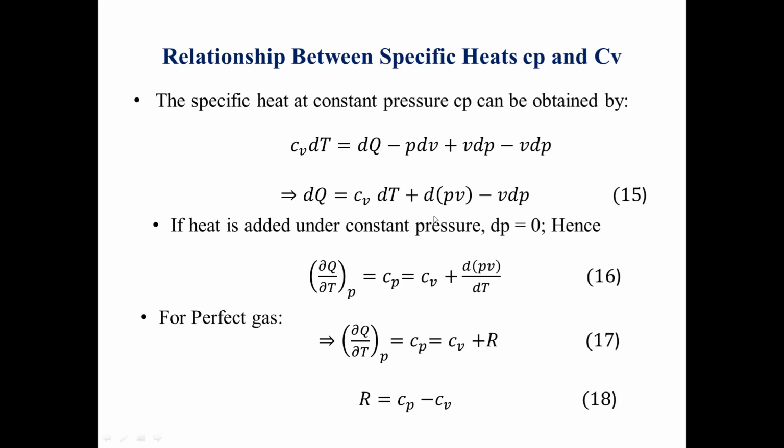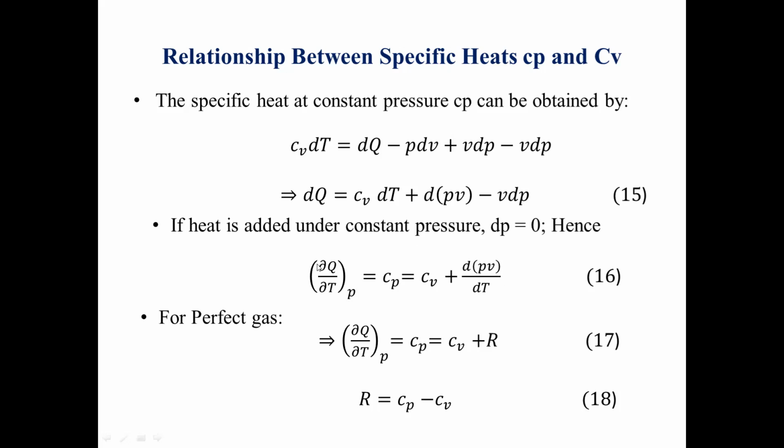If the heat is added under constant pressure, dP is 0. So the component which contains dP is 0. That means this part is 0. So dQ/dT at constant pressure is equal to Cp, which is equal to Cv plus d(PV)/dT.